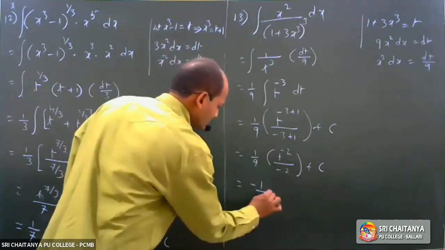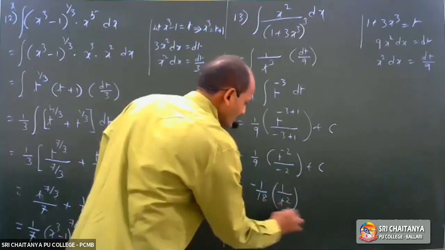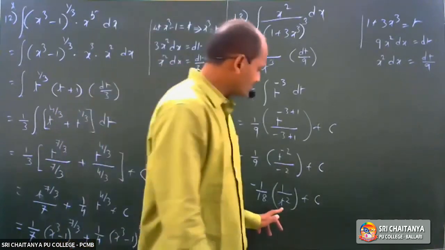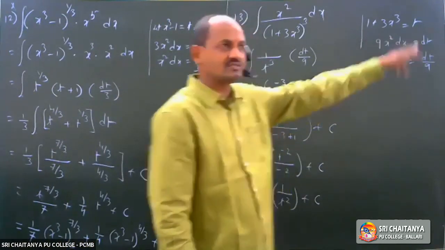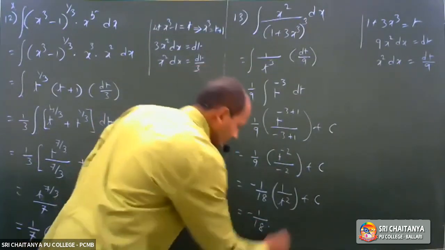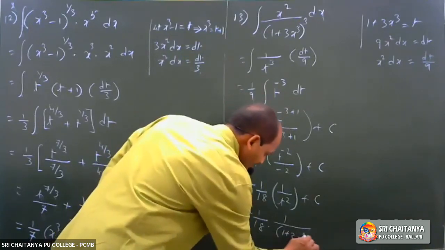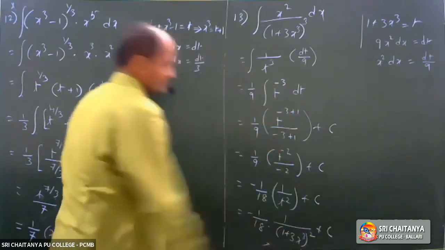It is minus 1 by 18 into 1 by t square. Again we have to substitute instead of t, that is 1 plus 3x cube. So minus 1 by 18 into 1 divided by (1 plus 3x cube) whole square, plus c.